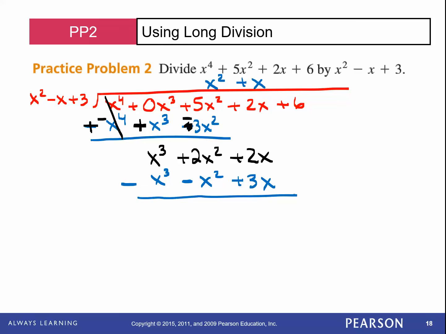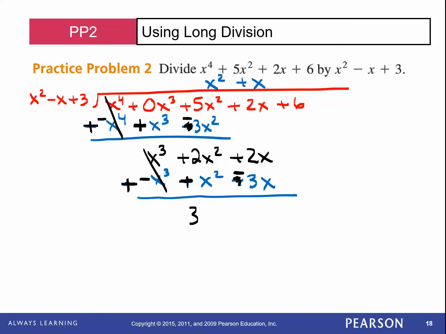Or add the opposite. Alright, adding the opposite gives you a negative x cubed, a positive x squared, and a negative 3x.